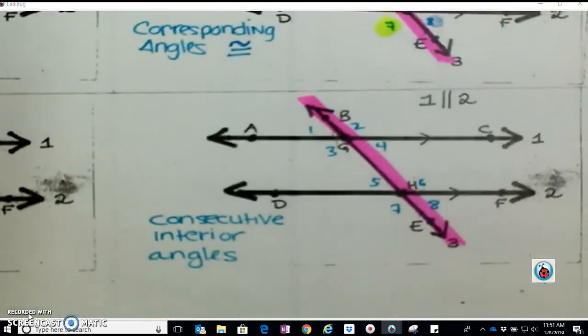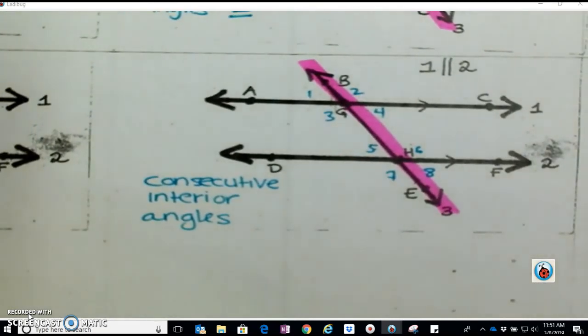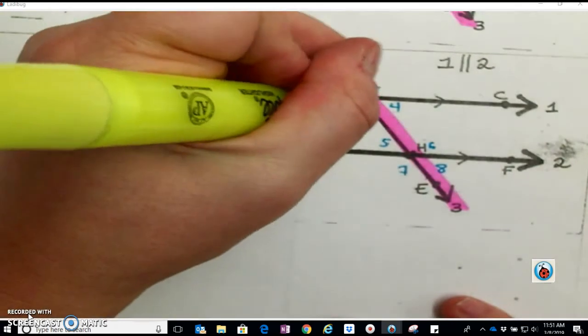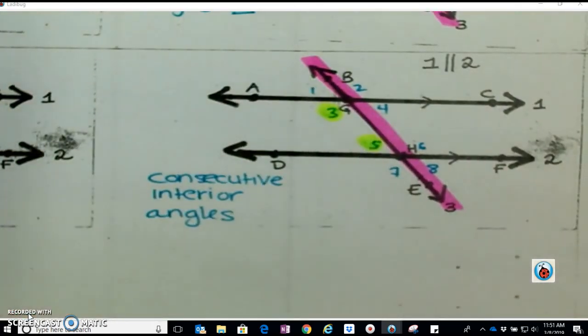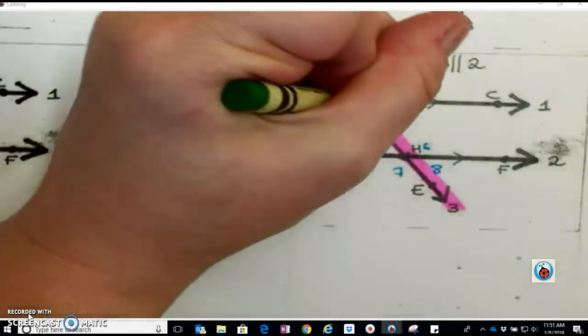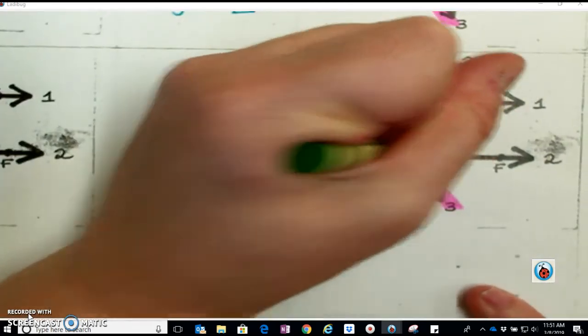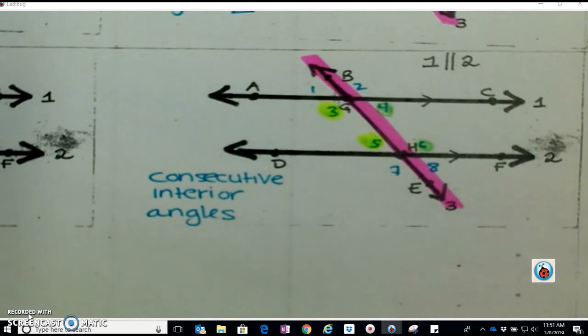The last set of relationships that we're going to take a look at are consecutive interior angles. So again, consecutive means in a row and interior means inside. So we want to still be on the same side of the transversal. So for example, angle 3 and angle 5 are consecutive interior. Angle 4 and angle 6 are also consecutive interior.